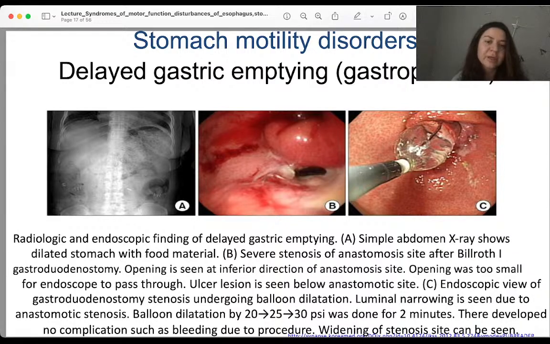Balloon dilation at 20, 25, 30 degrees of pressure was done for 2 minutes. No complications such as bleeding developed due to the procedure. Widening of the stenosis site can be seen, and you see this procedure on picture C.